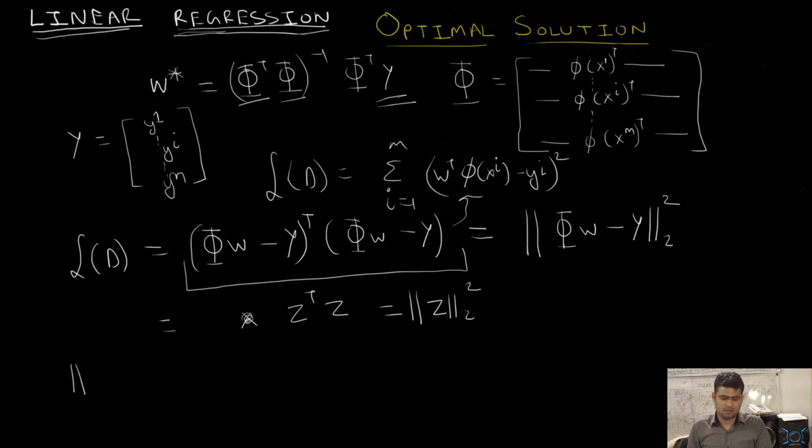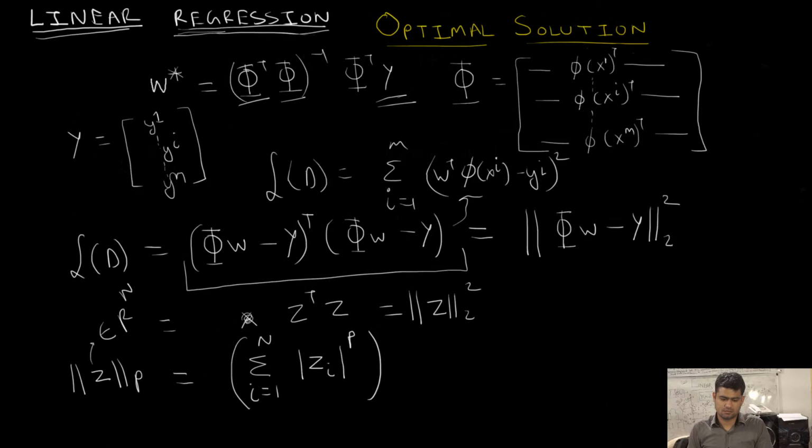A pth norm of a vector z, where z belongs to R^n, an n-dimensional real vector, is the sum over all i equal to 1 to n of the absolute value of the ith component of z to the power p, to this whole to the power 1 over p. So this is the pth norm of an n-dimensional vector z.